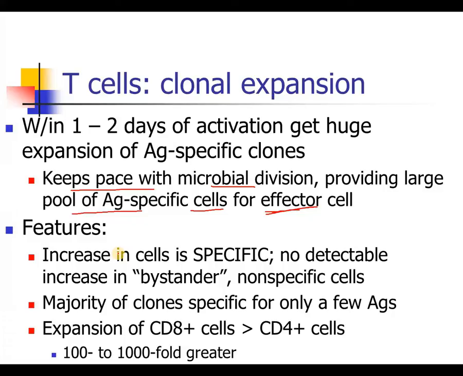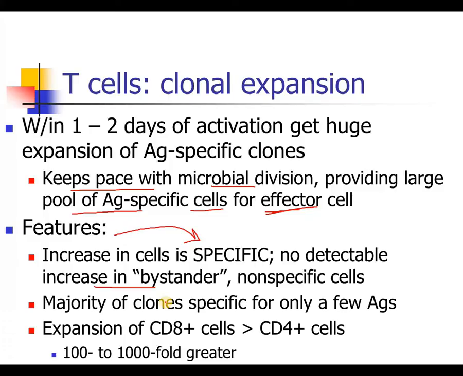There are some really unique features about the expansion. The expansion is specific, meaning other cells, bystander cells that haven't recognized antigen, will not be proliferating. So there's no detectable increase in bystander cells or non-specific cells.